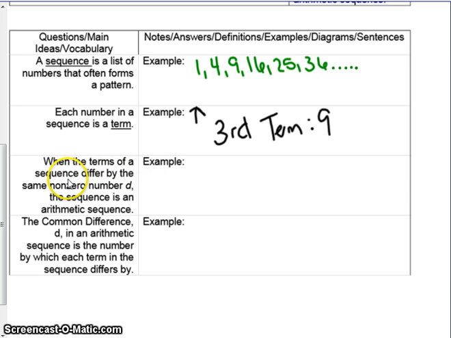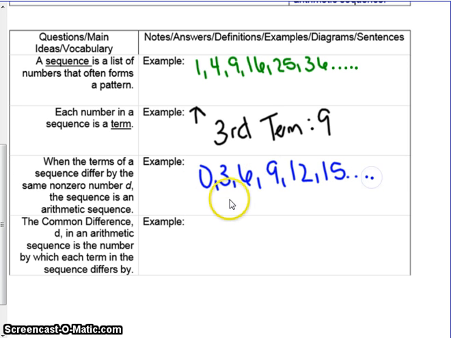When the terms of a sequence differ by the same non-zero number, the sequence is an arithmetic sequence. For example, if I have 0, 3, 6, 9, 12, 15, and so on, you notice that each time the difference is positive 3.